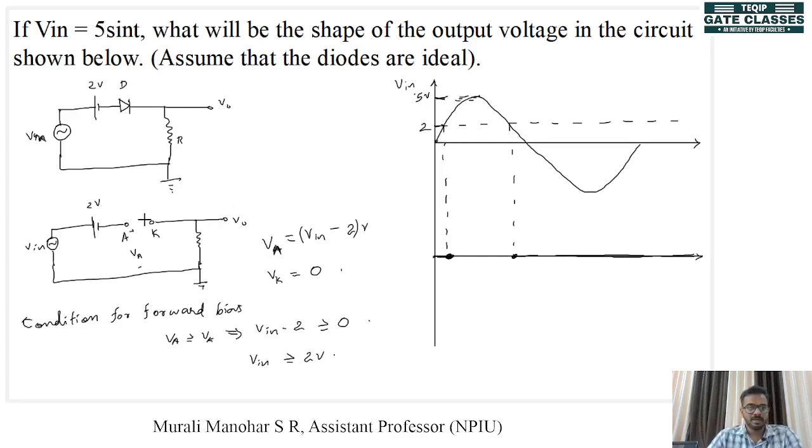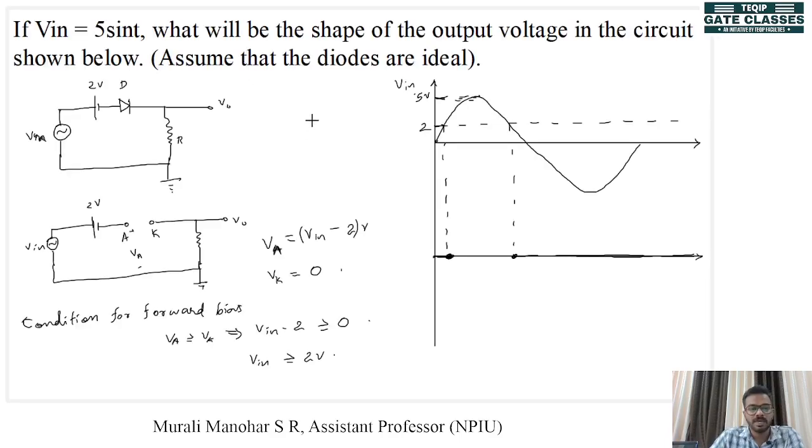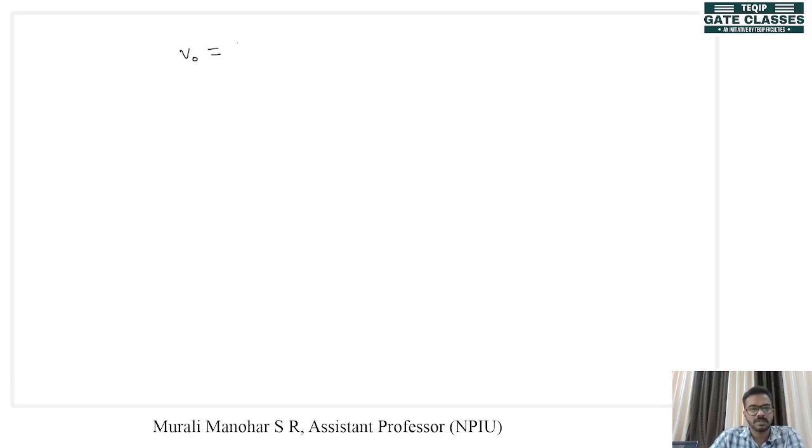We know that when the input voltage is greater than 2 volt, our diode is turned on, so it will act as a short circuit. Now what will be the output voltage? You can apply KVL here, and we can find the value of the output voltage. So V out will be equal to V in minus 2 volts, right?